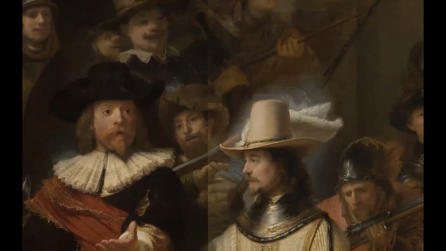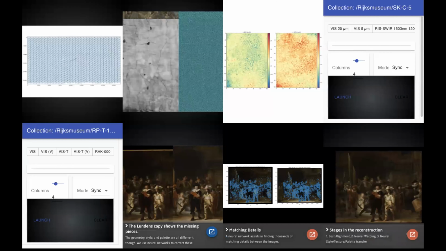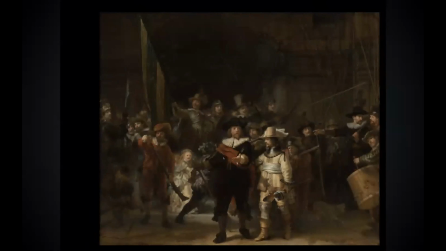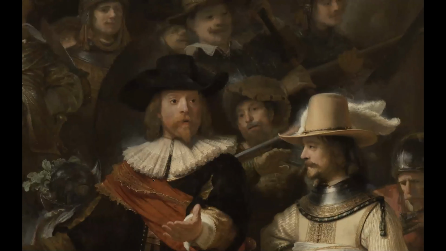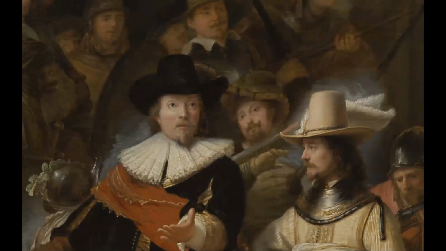And then using neural networks, we can finally imagine semantic registration that does involve warping. So for example, here is the Night Watch. This is the small copy of the Night Watch by Gerrit Lundens, actually owned by the National Gallery of London, but on long-term loan to the Rijksmuseum.